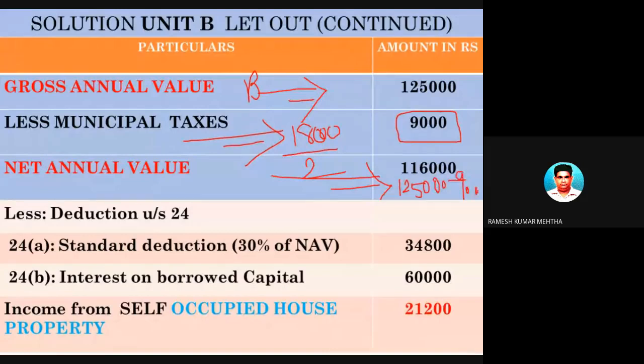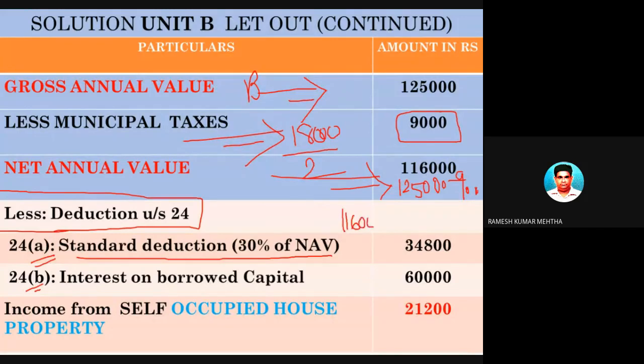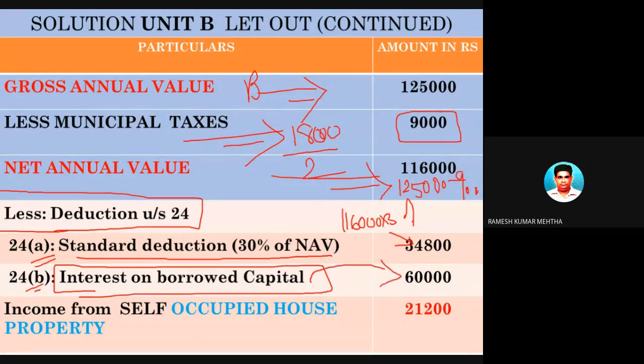Now, after that, you are allowed a standard deduction under section 24, to the extent of 24(a) and 24(b). The first deduction is the standard deduction of 30% on NAV, that is 1,16,000 into 30 percent, equal to 34,800. Now, interest on borrowed capital. On the whole house property, he has paid an interest of 1,20,000, and for part B it is 60,000.